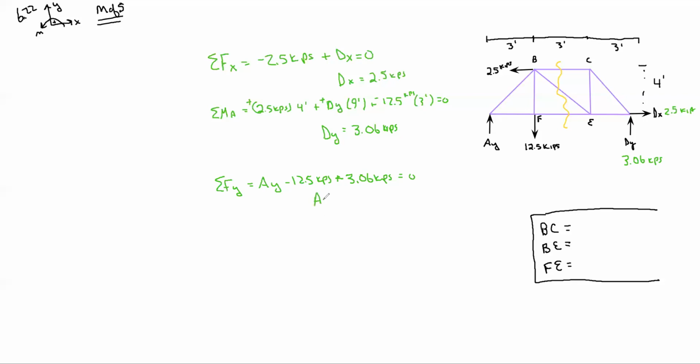So Ay minus 9.44 kips equals 0. Therefore, Ay is equal to 9.44 kips. I'll go ahead and fill that in. So that's our reactions at the supports at point A and point D.